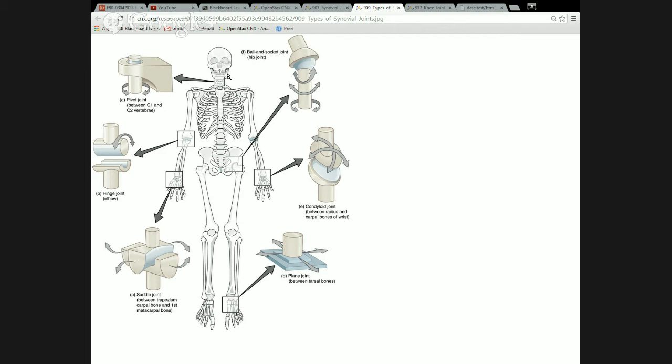It makes it possible for you to move the occipital bone back and forth like that. That's the direction that this condyloid joint is best at. And that is essentially nodding your head yes. It's also possible to move the occipital joint side to side a little bit. That's really hard to do just on your own.